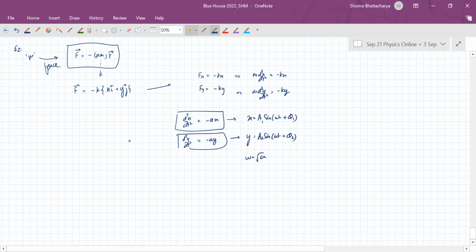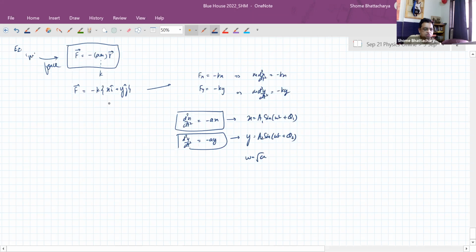Yes, sir. This is clear. Okay, so this is like a dynamics problem, where it's given to you that the net force acting on a particle when its position vector is r is given by this relation. So I've just converted this to component form. In 2D, your position vector is x i cap plus y j cap, and your force I can write as Fx i cap plus Fy j cap, where Fx will become mass into the x component of acceleration.